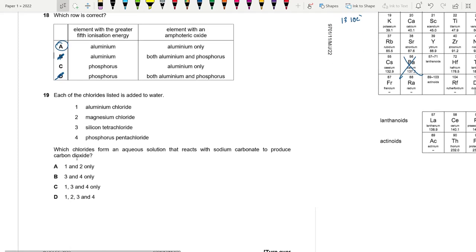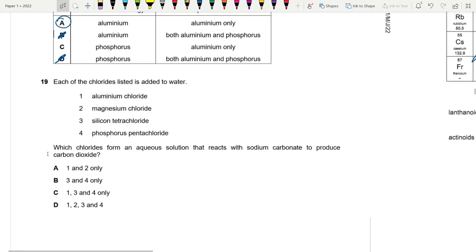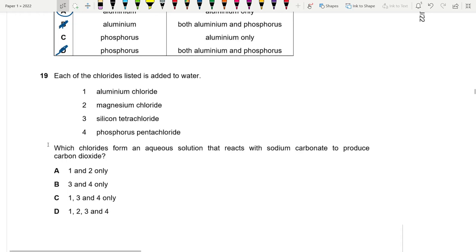Each of the chlorides listed is added to water, which forms a solution that reacts with sodium carbonate to produce carbon dioxide. So acids react with carbonates. So we need an acidic solution. Magnesium chloride, silicon tetrachloride, SiCl4, and phosphorus pentachloride.